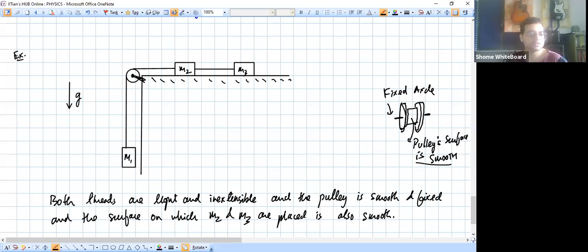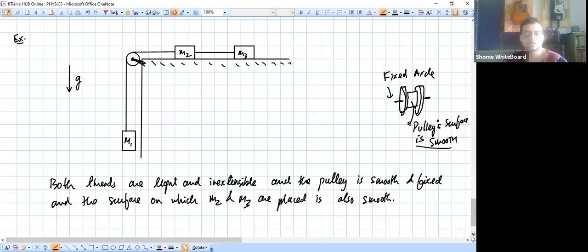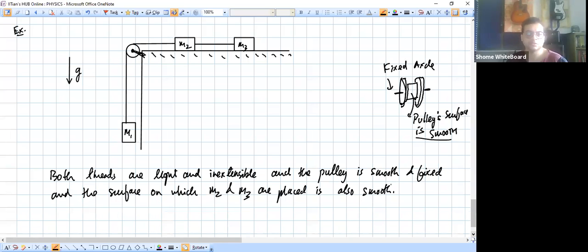Now the system is released. Yeah, all will be smooth pulleys in this chapter. Yeah. So now the system is initially held at rest with both strings just about taut.